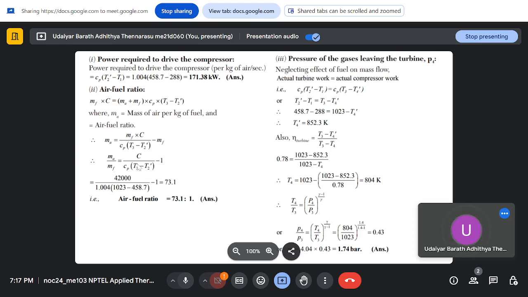So Ma is 42000 divided by 1.004 into 1023 minus 458.7, minus 1, which is 73.1. So the air fuel ratio is 73.1 to 1.